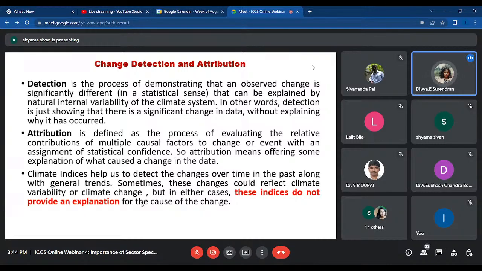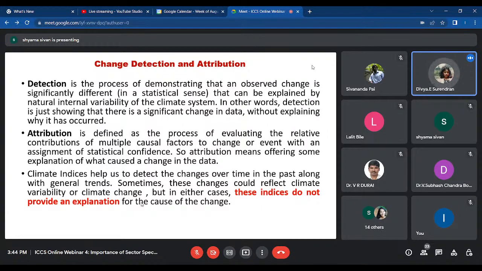Suppose you have seen a change in temperature. It does not mean that it is only showing the change in temperature. So what is the reason for that particular change? We have to think, or we have to do scientific analysis.